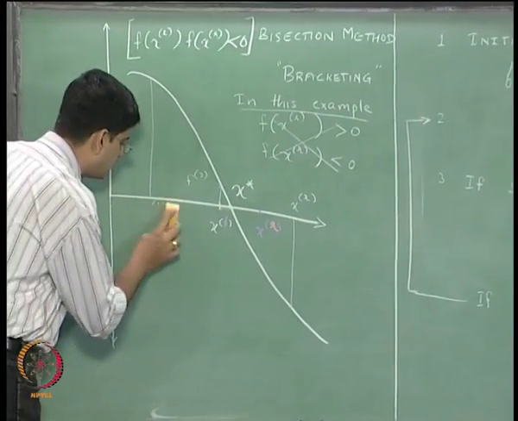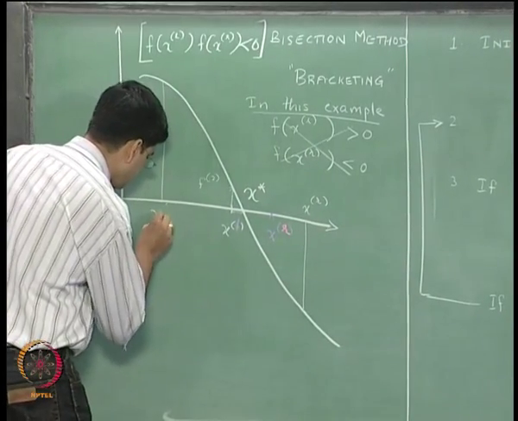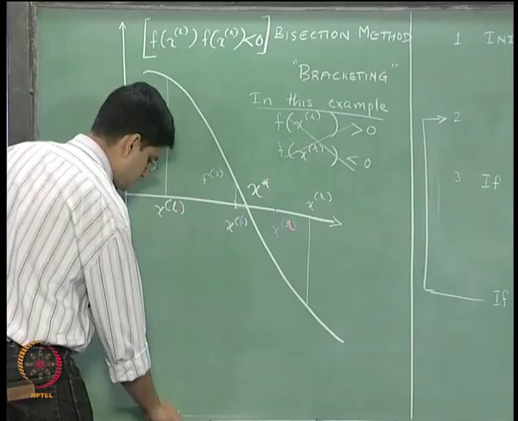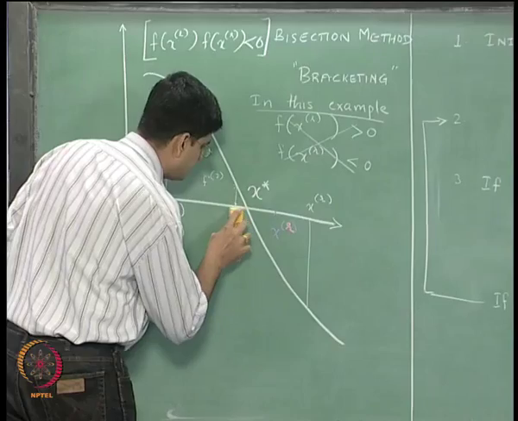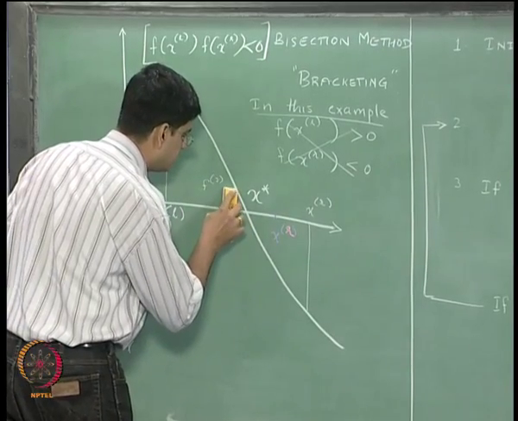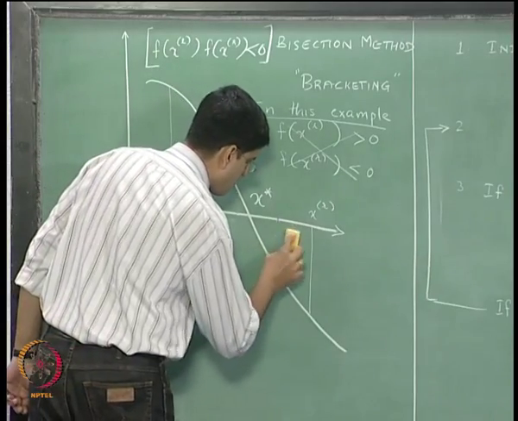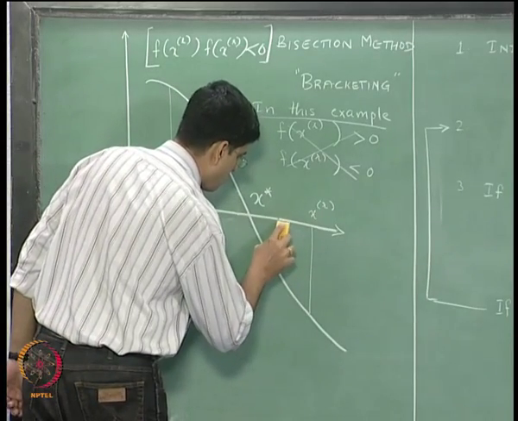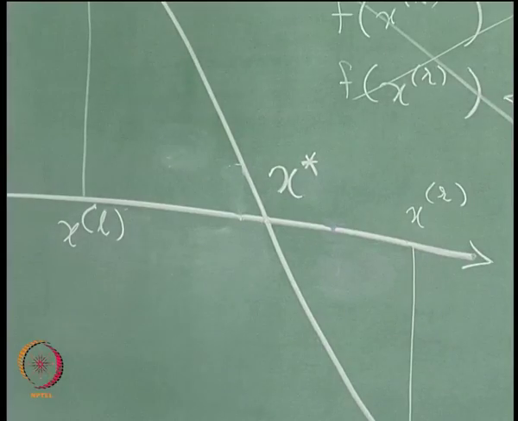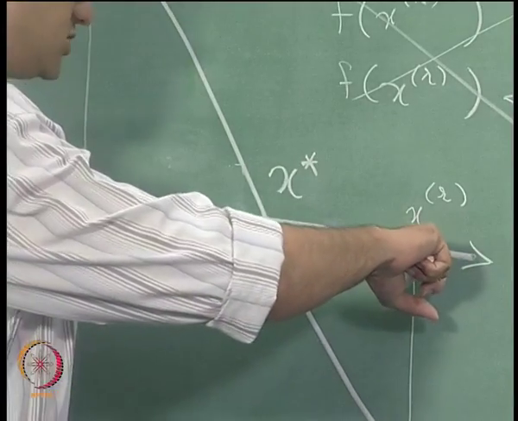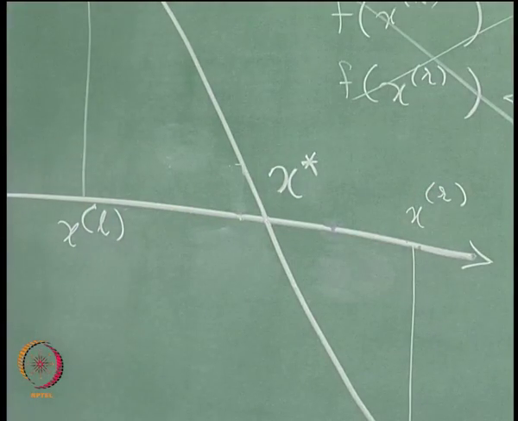We will again start with the same x_l and same x_r. And I will erase the points that we had generated using our bisection method. So in the bisection method, what we did was we looked at this particular segment and reduced it by half, and we proceeded.